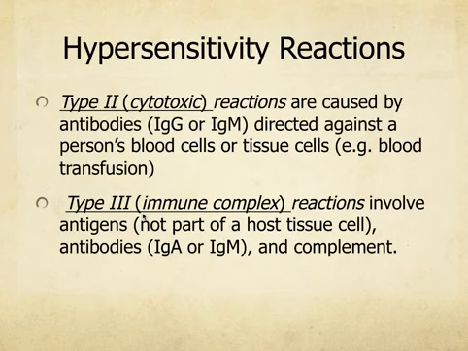So, remember the basement membrane, like at the very bottom of epithelial tissue? So they get trapped in that basement membrane, and when they get trapped, they activate the complement system. If you remember back, we talked about the complement system, and they essentially cause inflammation. This type 3 reaction is basically rheumatoid arthritis.